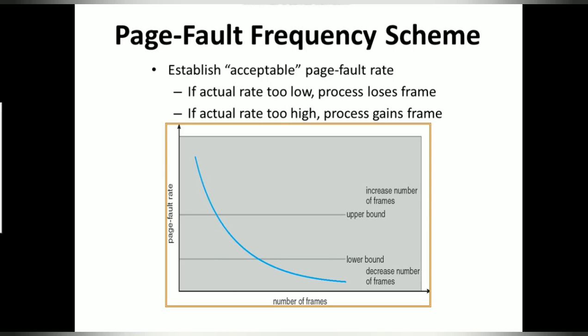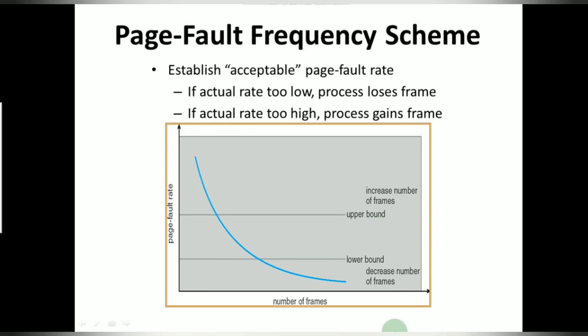Thus, we need to control the page fault rate. If the page fault rate is high, it indicates that the process has too few frames allocated to it, and if the page fault rate is low, it indicates that there are too many frames allocated to a process.